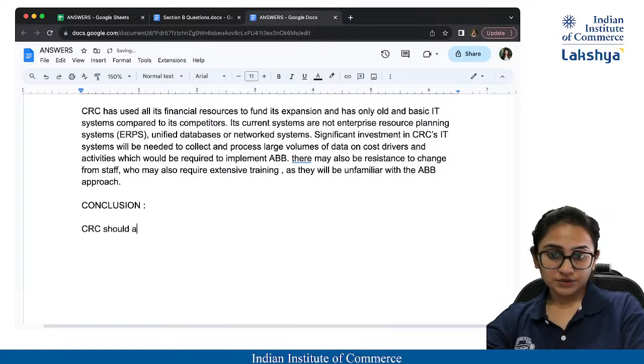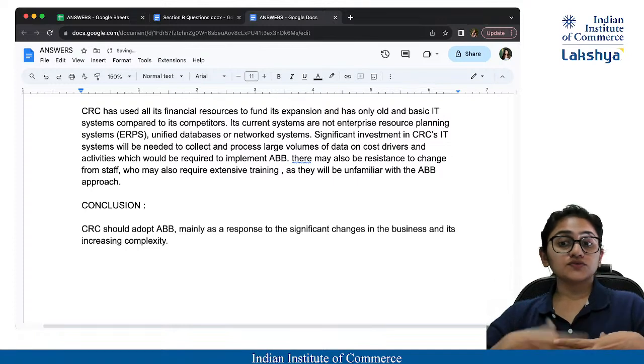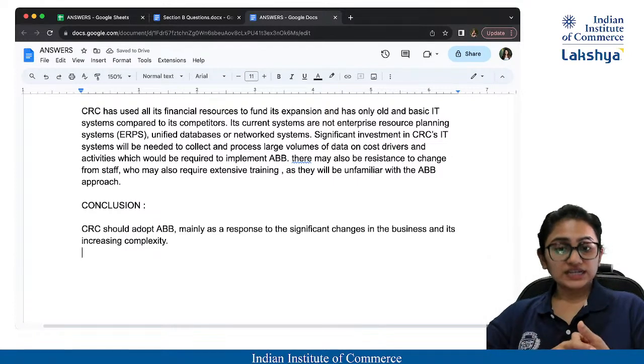CRC should adopt ABB mainly as a response to the significant changes in the business and its increasing complexity, because the business is now changing, it's kind of revamping itself. So for that, ABB is required.